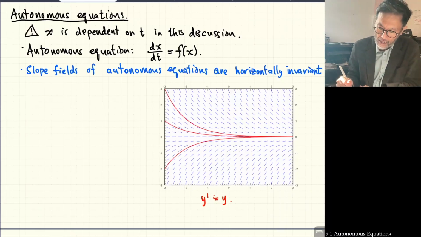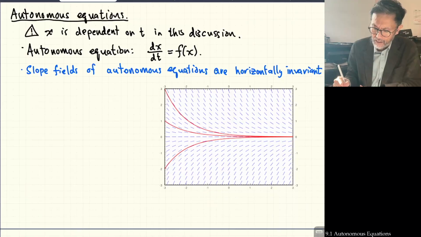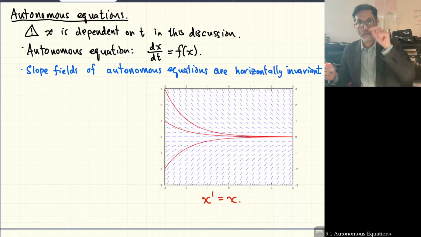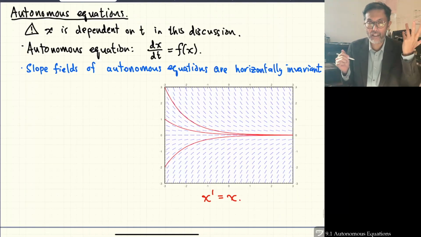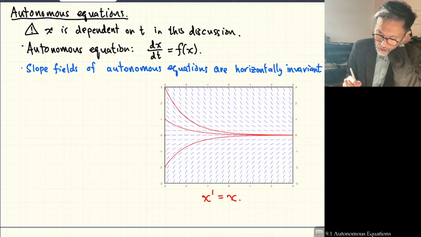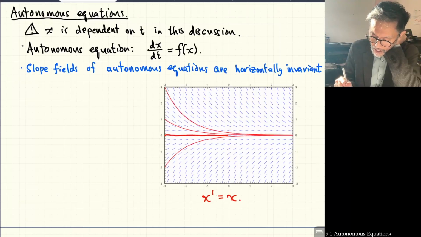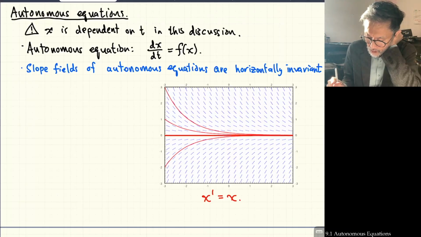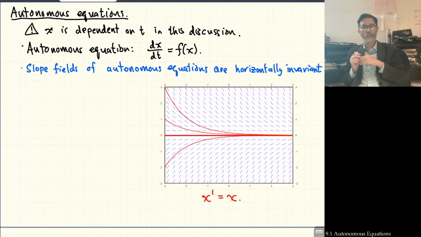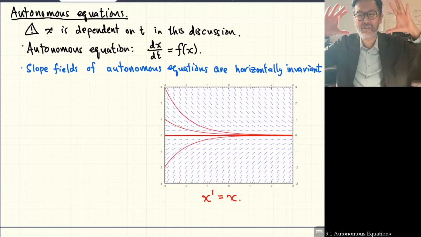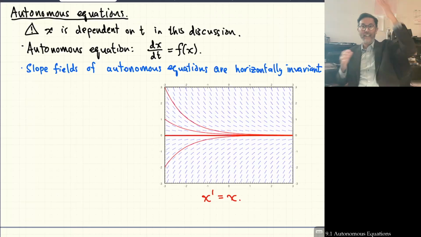Actually, let me write it a different way. This is actually x prime equals x in our new notation. So what is playing the role of f of x is x. There's a solution which is namely x equal to 0. Because remember, x is now tracked on the vertical direction. I'm used to thinking of x equal to 0 as being a vertical line, namely the y-axis.